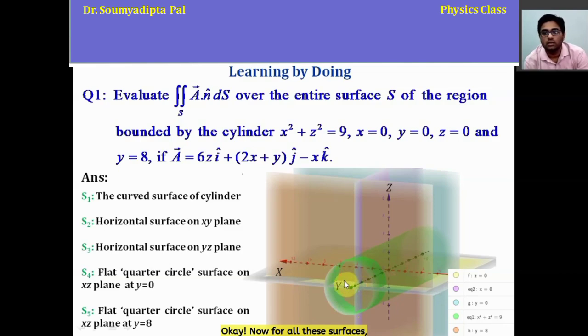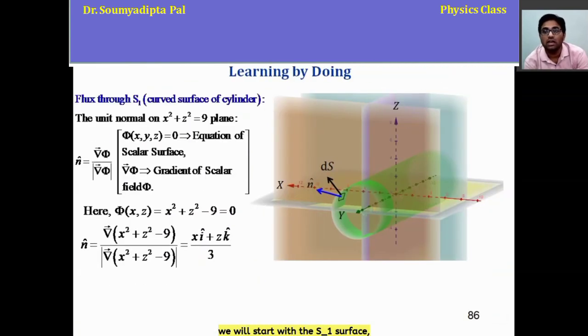Now for all these surfaces we have to evaluate the flux. To do that, first we will start with the S1 surface, which is the curved surface of the cylinder.